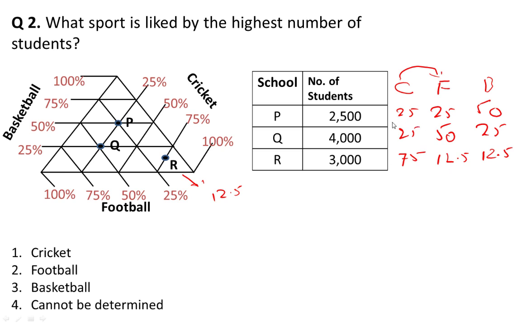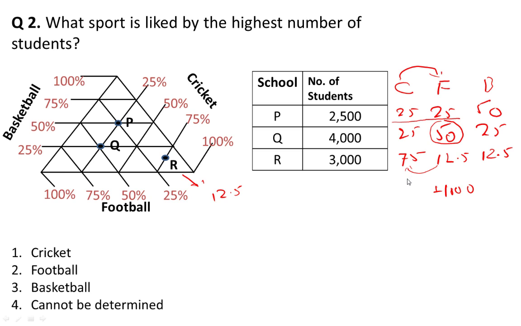So in case of P they are equal. In case of school Q, football is greater than cricket. How much greater? 25% greater. And what is 25% of 4,000? 1,000 more. So I write here football is 1,000 more. And what about R? In R, cricket is more. And how much more?